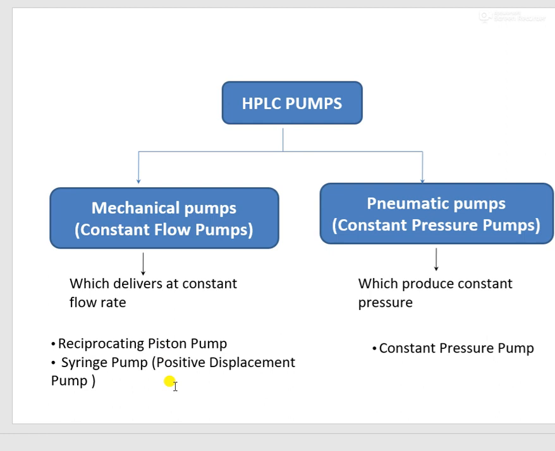Examples of mechanical pumps are the reciprocating piston pump and the syringe pump, and an example of a pneumatic pump is the constant pressure pump.